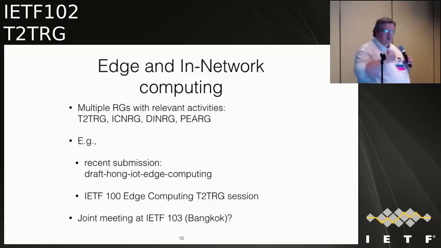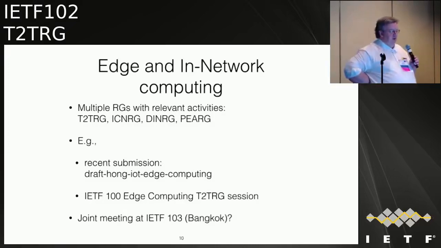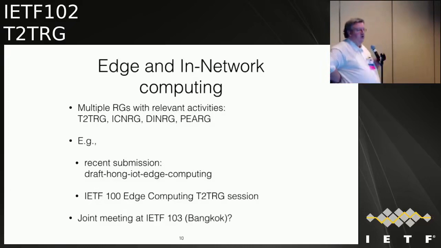Those people who already have a little bit of gray hair will remember active networking in the 90s, so that was a form of in-network computing, but it wasn't particularly successful. And there maybe are reasons for that, which in this round we can avoid. So that's an interesting question. How do you do this in a way that's actually successful?